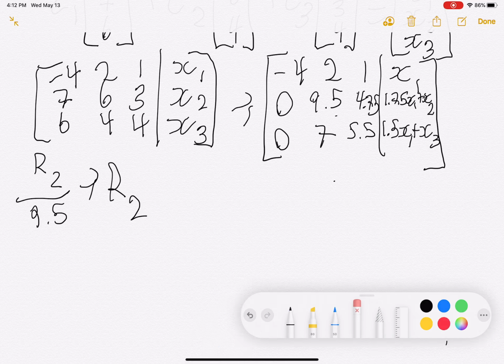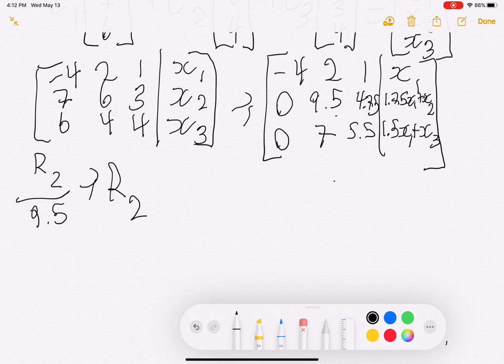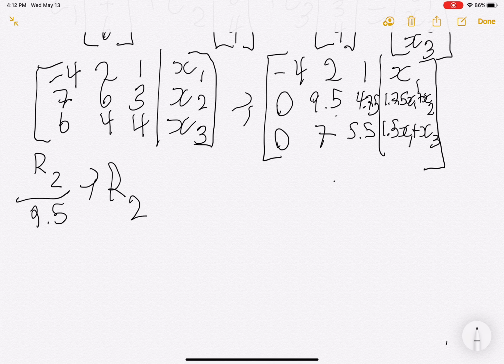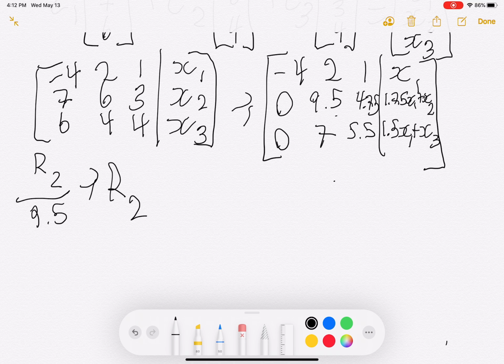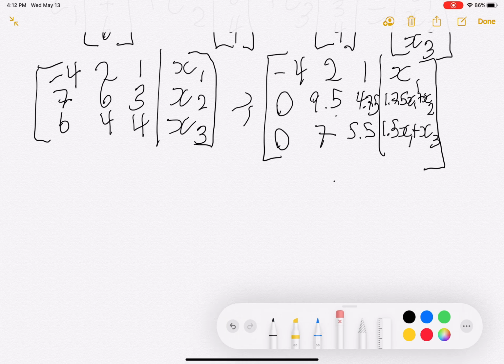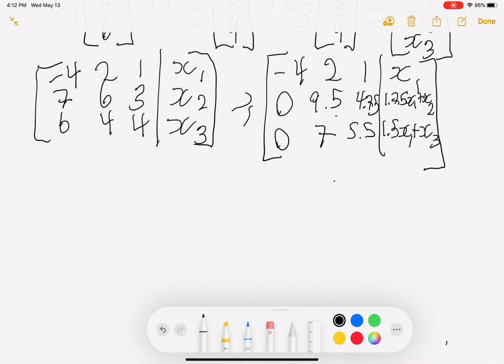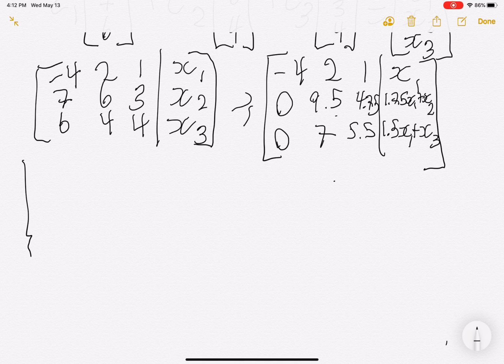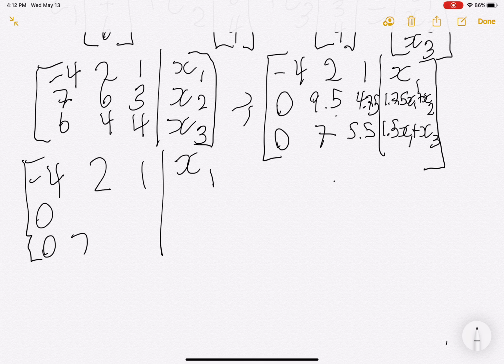So let's not worry about estimating. It's horrible. Okay, well we can just keep this in our head. We don't have to write that there. We need room anyway. So now our new augmented matrix is this. So obviously row 3 is the same.